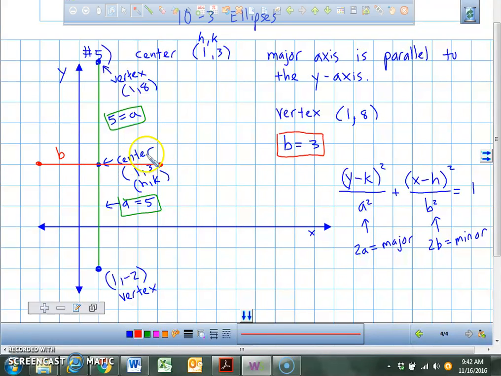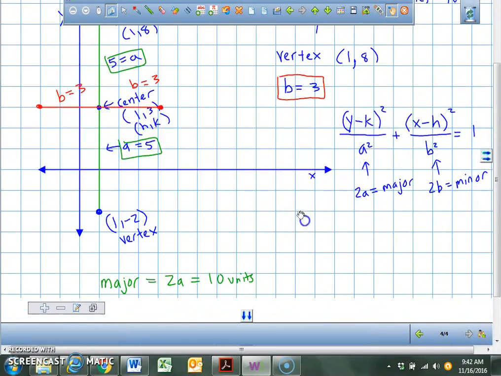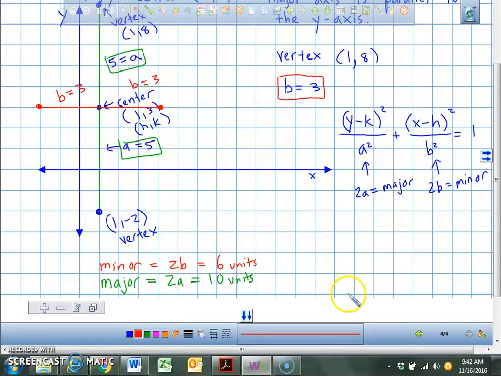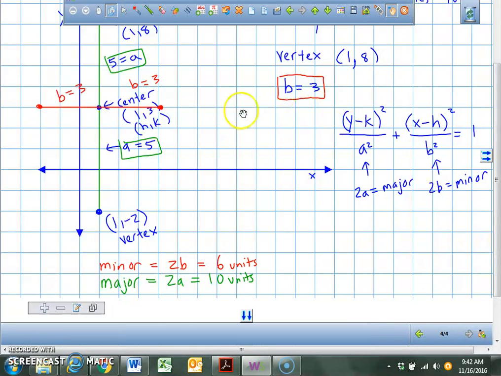So your b value is equal to 3 units long. So your minor axis is equal to 2 times b, which in this particular case is 6 units long. So if I just gave you the length of the major axis and the length of the minor axis, you could work your way to a and b as well, by dividing everything by 2.